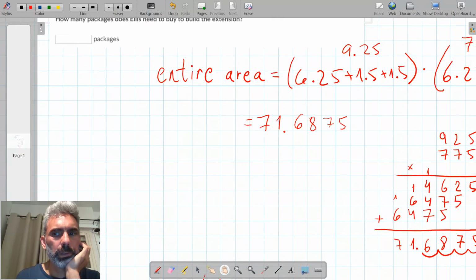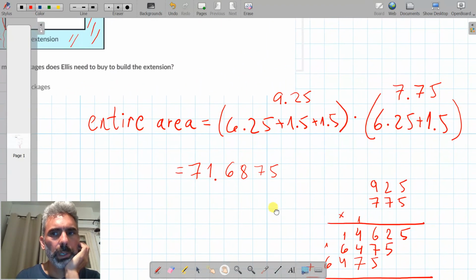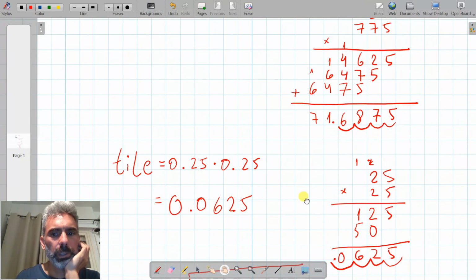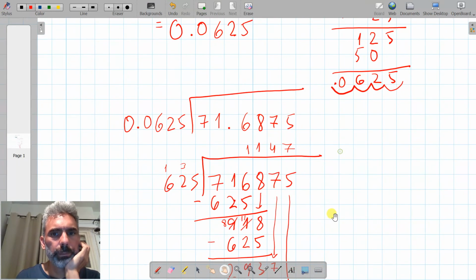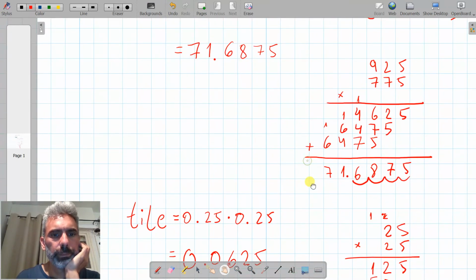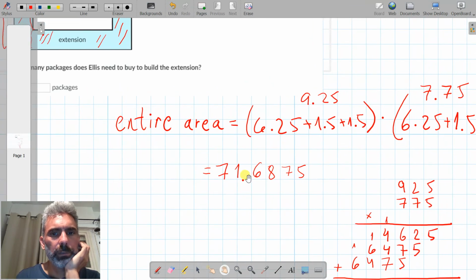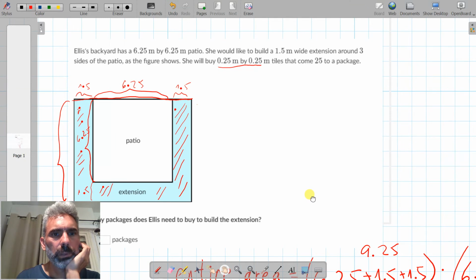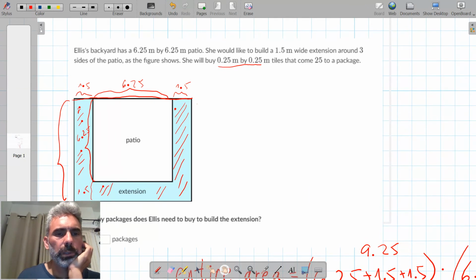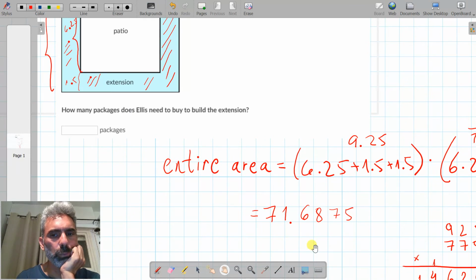So the calculation that I made is irrelevant. So the entire area is 71.6875, but I need to subtract the area of the patio from this area, and then divide. Then I'll have the area of the extension, and then I can divide by the area of one tile.